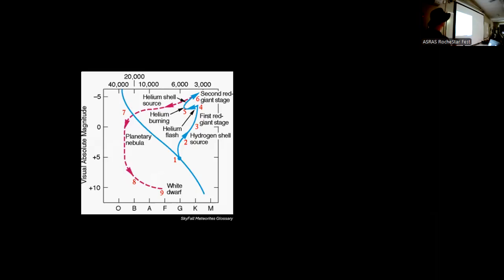The star then moves here, and this refers to the horizontal phase. This is where helium's burning, and this is where it runs out of helium in the core. Helium in the shell now starts burning, and the star follows this. And if it's hot enough and has enough outer layers, it may emit a planetary nebula. But regardless, one way or the other, it will eventually progress to a white dwarf.